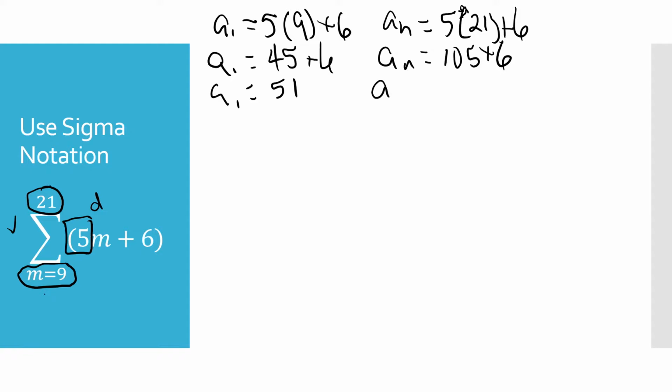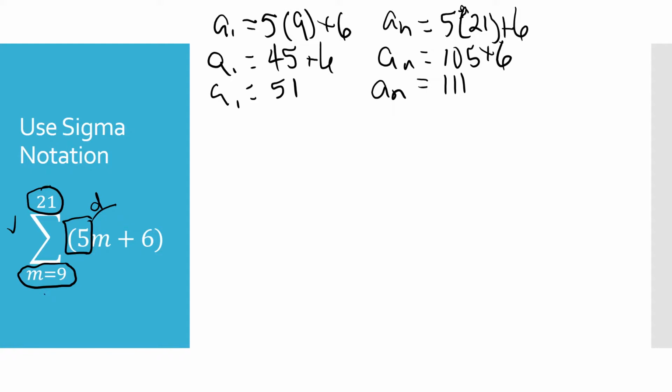And an is equal to 111. So now that we've got an and a1, and we also know the common difference, this 5 right here, let's go in here and let's find out how many terms are actually in this sequence. Find out a value for n.